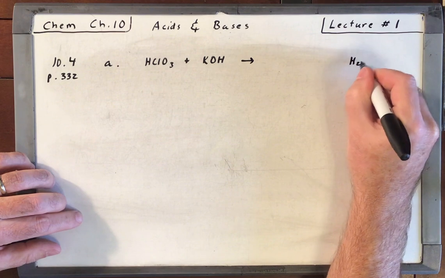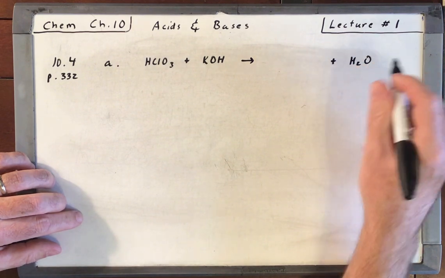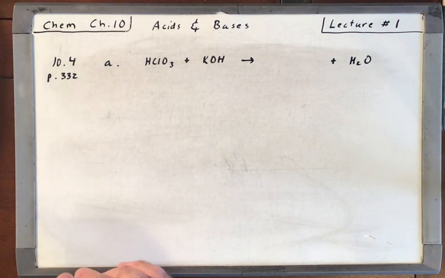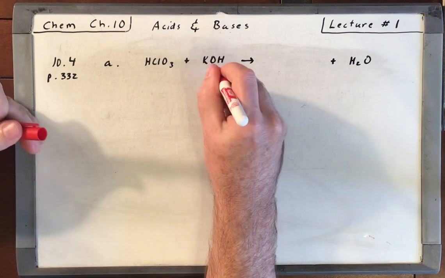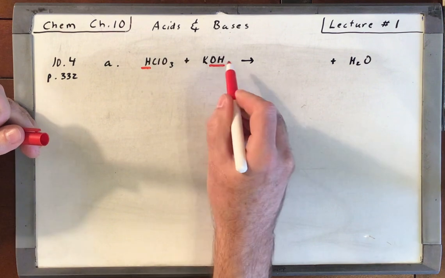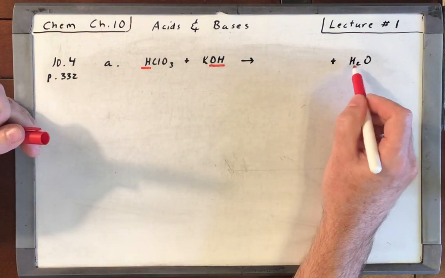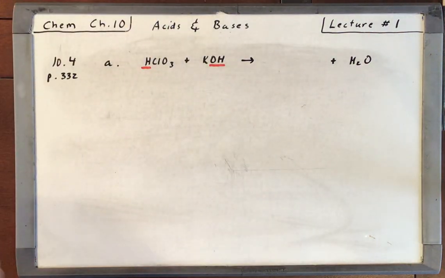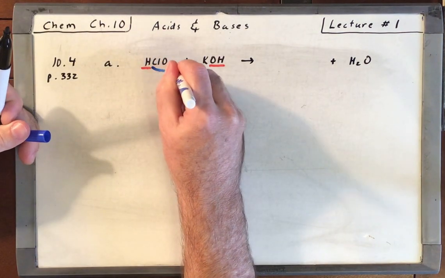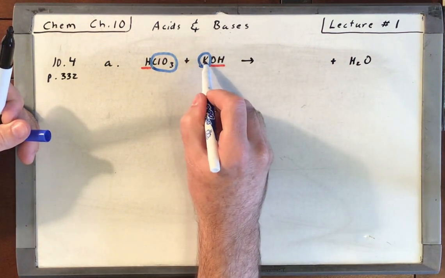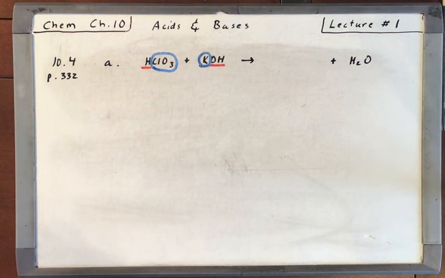Let's put that already over here. And we'll figure out the salt now. The salt, so the water comes from the hydrogen and the hydroxide. See how that's HOH? That would make H2O. So what's left would be the salt. So the salt I'm going to circle in blue. What makes up the salt? It's the potassium. The metal goes first, and then the ion, ClO3, your chlorate ion.